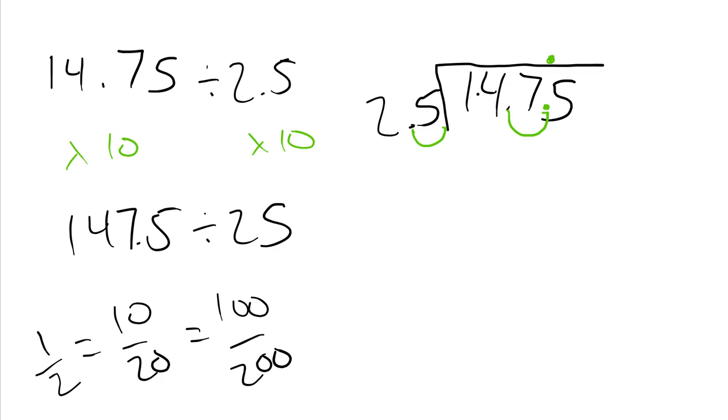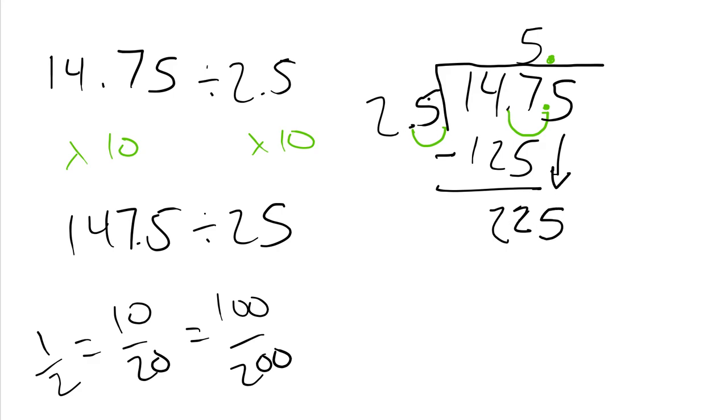Okay, let's do this. 25 doesn't go into 1 or 14, but it does go into 147 5 times. 5 times 25 is 125. So we're going to subtract 147 minus 125. And we get 7 minus 5 is 2. And 4 minus 2 is 2. We drop down this 5.